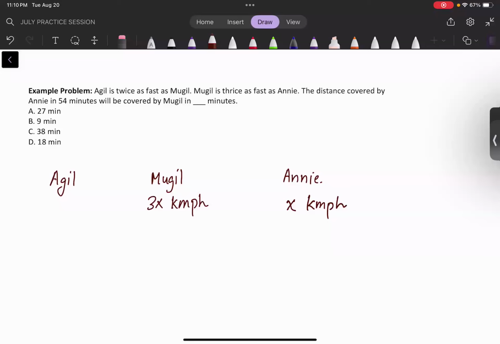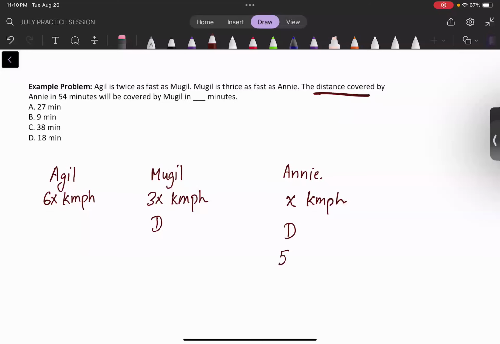Twice of Mughal. So 6x kmph. My dear, how much distance they are talking about, I don't know, but they are talking about the same distance. The distance covered by Annie, let's suppose D, will be covered by Mughal. In how much time? Carefully answer, very carefully.